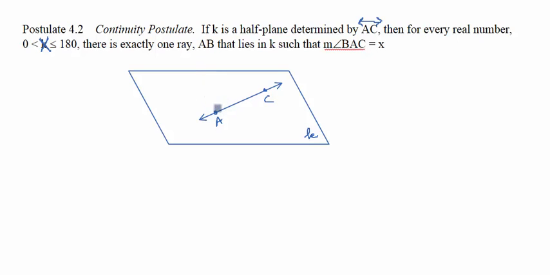So here's what measure of angle BAC would look like. If I made that B, then there's some number that corresponds to that measurement. If I made angle BAC come out here, then there's some number that corresponds to that measurement. Or if I made angle BAC come out here like this, there's another measurement that corresponds to the size of that angle.